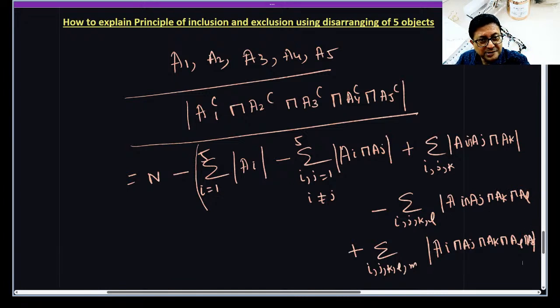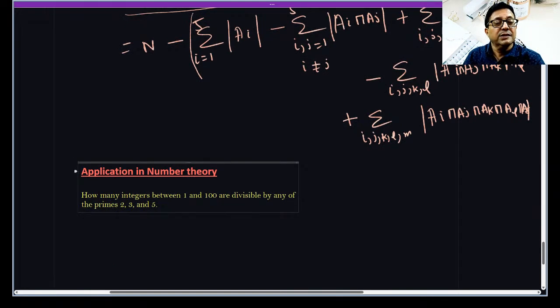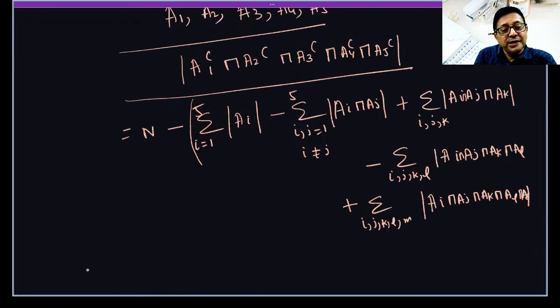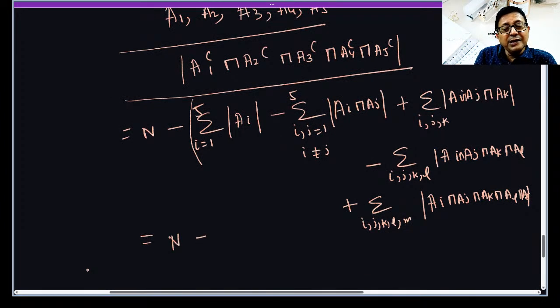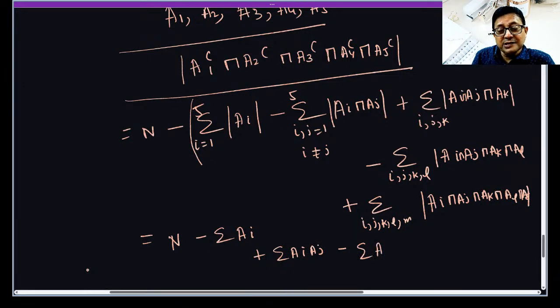This we are going to find. This is basically, if we explain logically, n minus sigma ai, okay, plus sigma ai aj minus sigma ai intersection aj intersection ak, plus and so on.